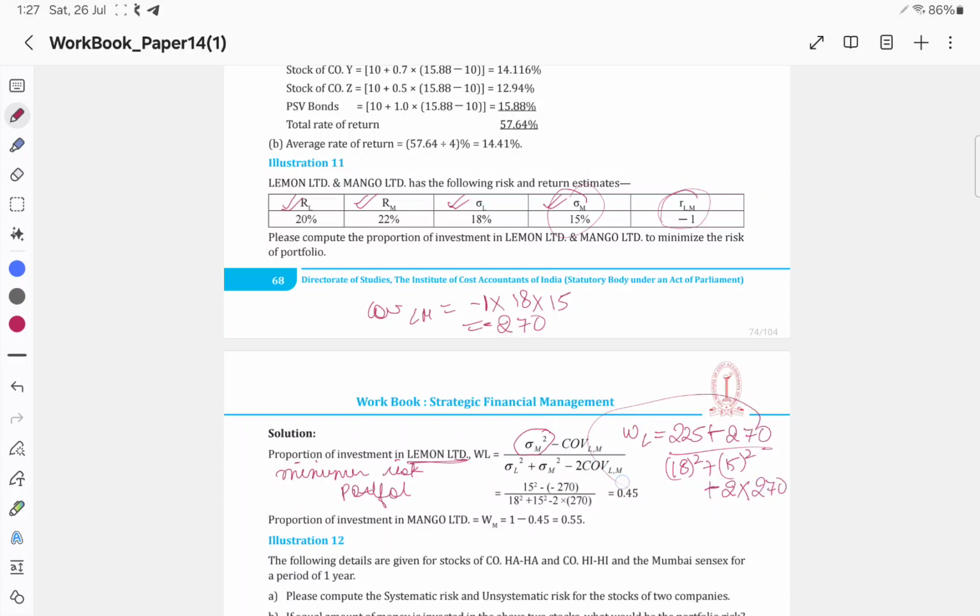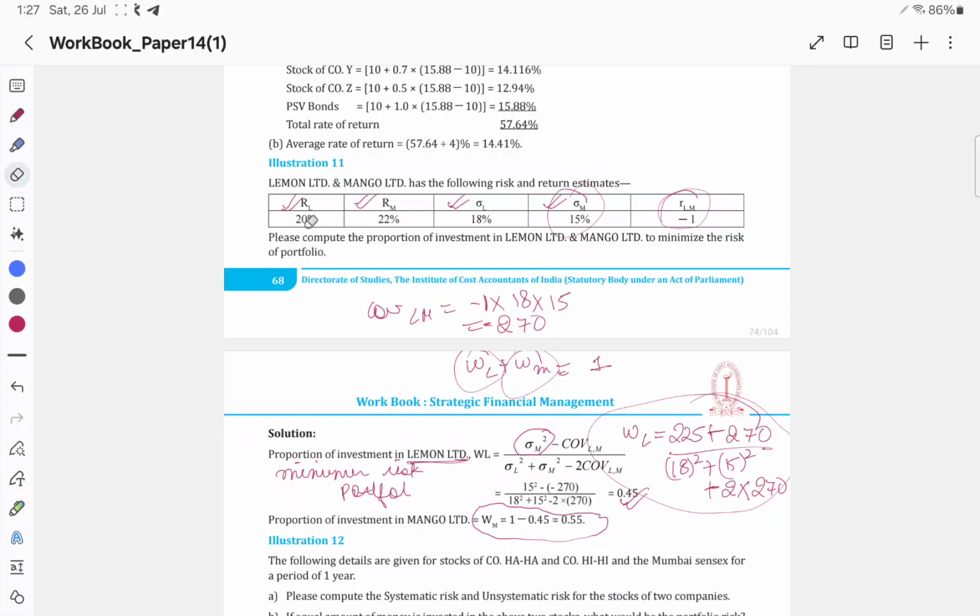So this becomes the weight of Lemon Limited. And how to calculate the weight of M? The total weight will be 1, so weight of L plus weight of M is 1. If we know the weight of L, we can easily calculate the weight of M.